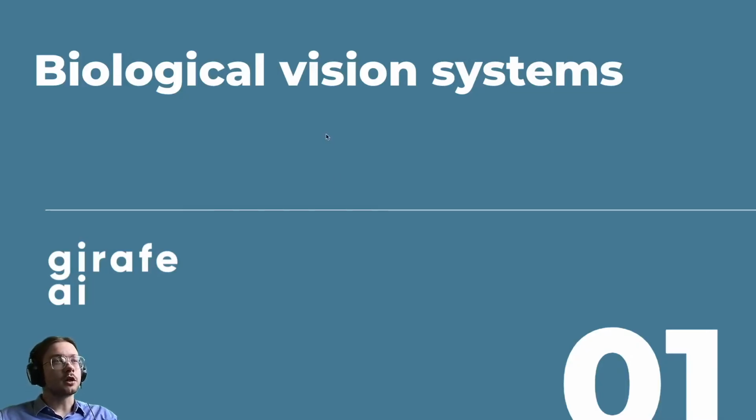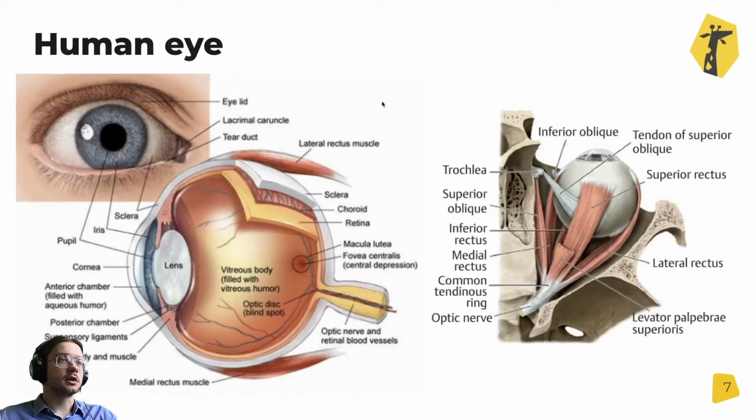Today's topic is biological vision systems, and we start from the human eye. I guess all of you have seen such an image in your school biology textbooks.